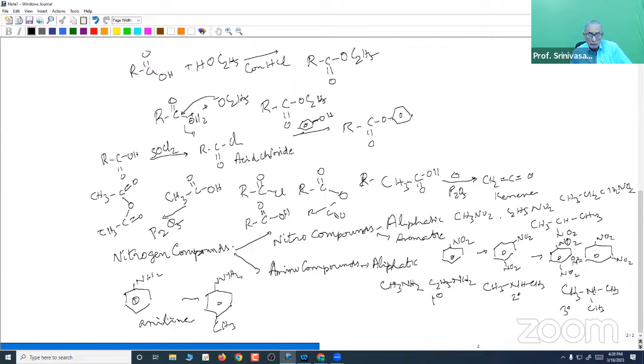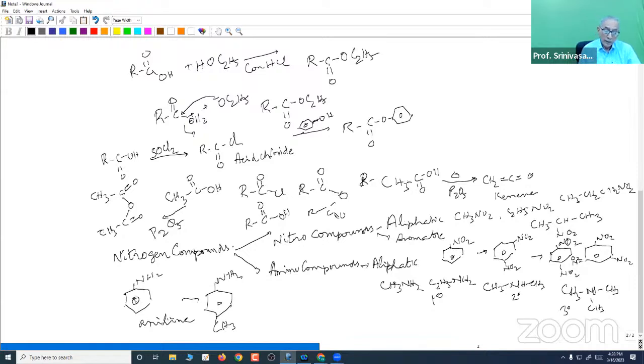And this aniline, just like in the case of aliphatic compounds, can also be attached to 1 or 2 alkyl groups. Already one of the positions of nitrogen is attached to the aromatic compound.